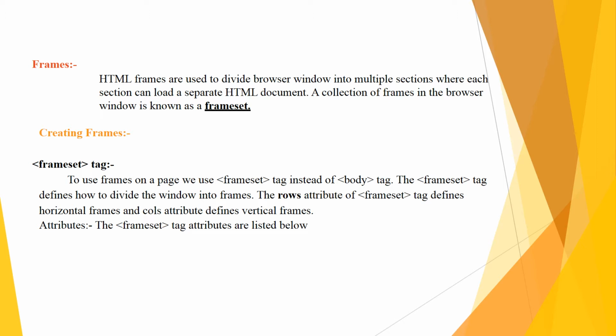Let us know how to create frames. We can create frames using the frameset tag as well as the frame tag. In this session we are going to learn about the frameset tag and its attributes, as well as the frame tag and its attributes. To use frames on a page, we use the frameset tag instead of the body tag.